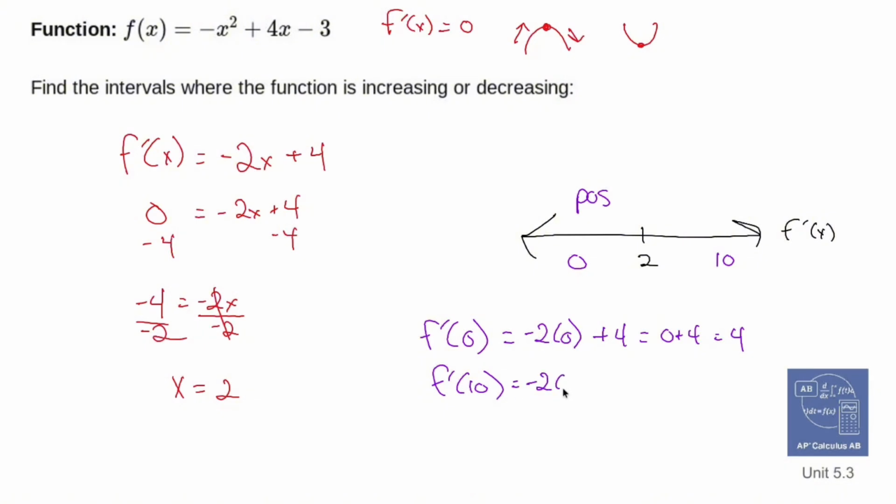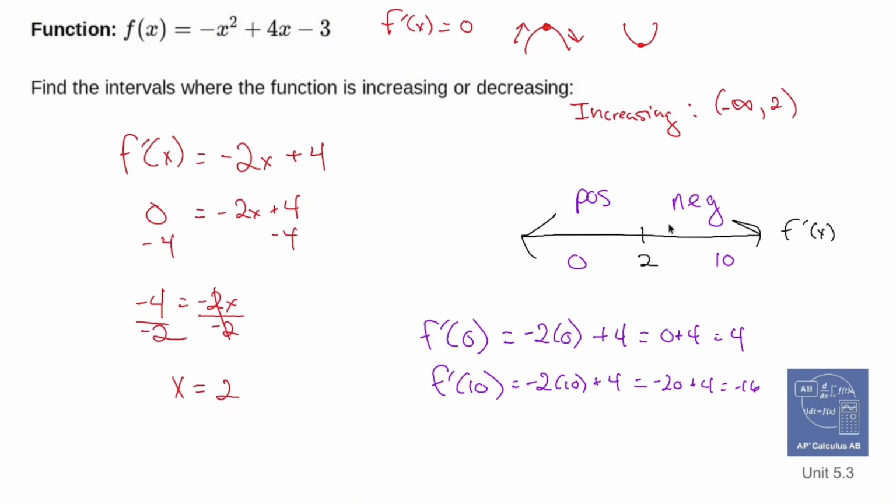Negative 2 times 10 plus 4 is going to equal negative 20 plus 4, which is negative 16, a negative number. So based off of this information, since the slope is positive all the way up until 2, we can say that my function is increasing on the interval negative infinity to positive 2.